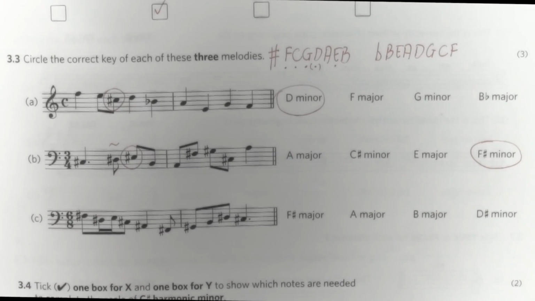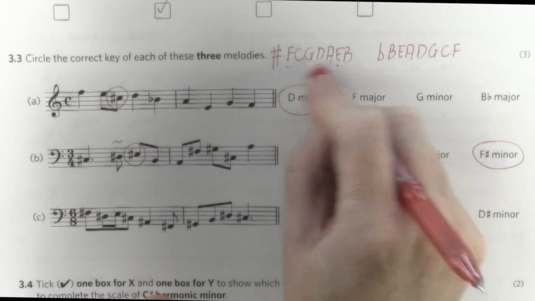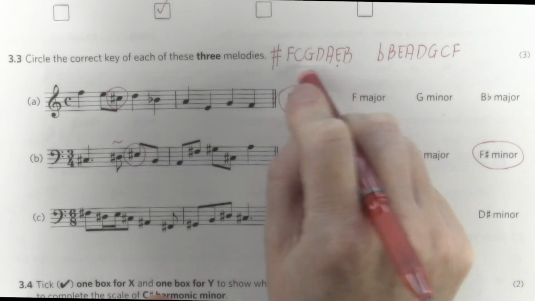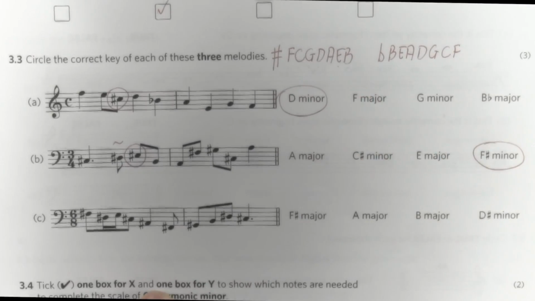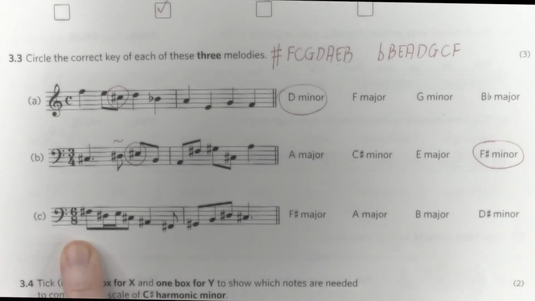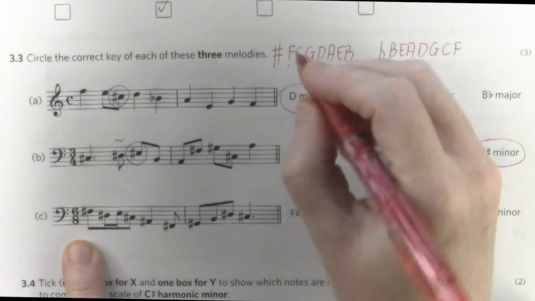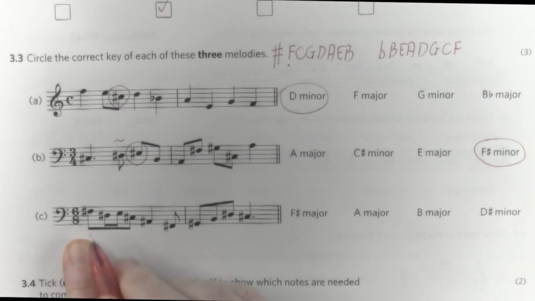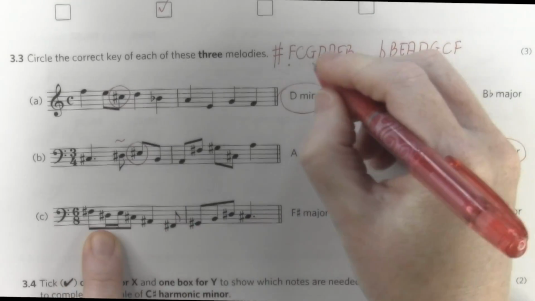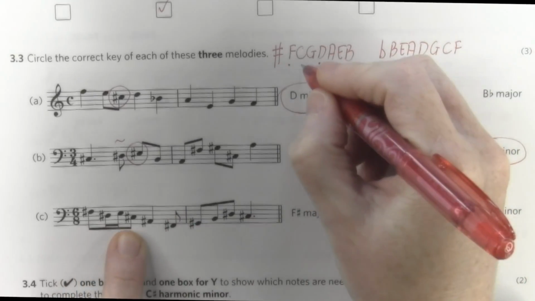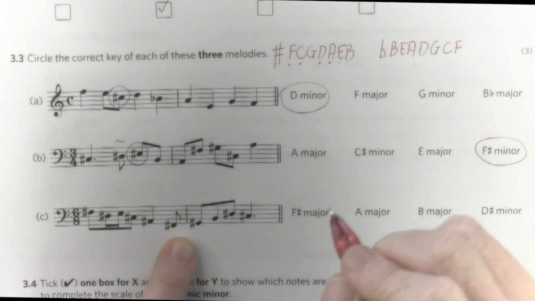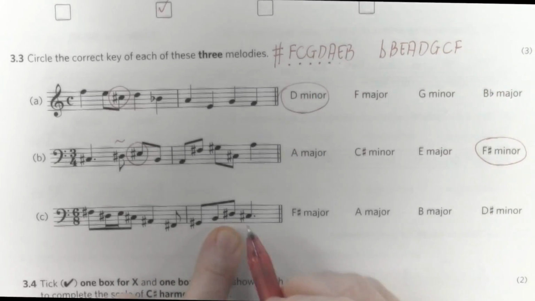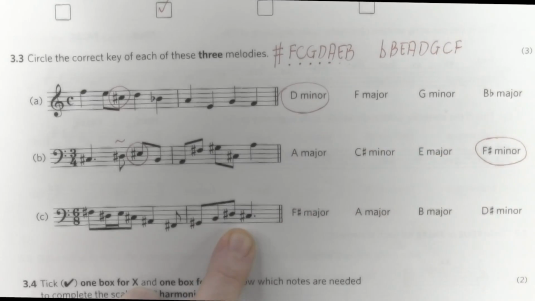The last example has sharps, so I need to rub all of this out. Okay. Still bass clef. Don't fall into the trap and read it in treble clef. Fa sharp, Re sharp, Do sharp, La sharp, Fa sharp, we've done it, Sol sharp, Re sharp, and Do sharp, all done.